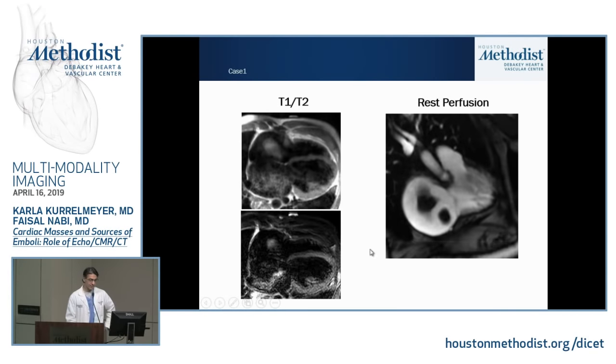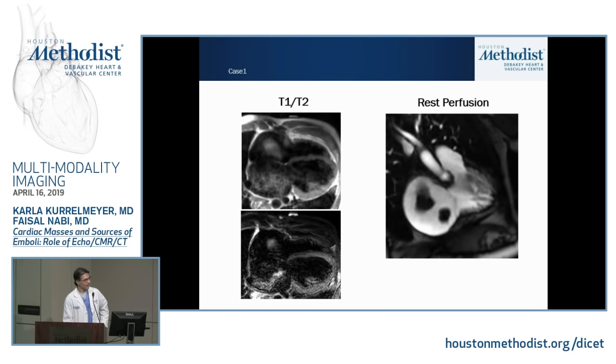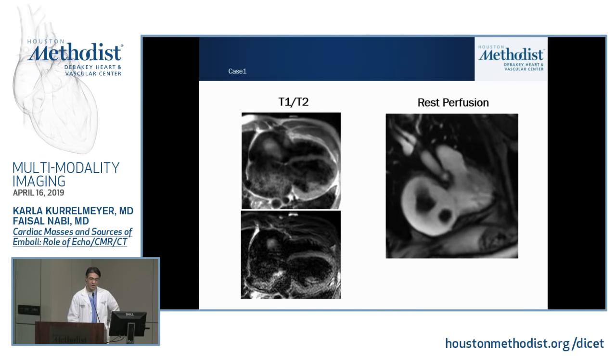So here's an example. On T1 and T2, you're not really seeing very good image quality. If we look at first pass perfusion, you can see these masses. As you see contrast going through the heart, there's absolutely no contrast uptake of these masses.